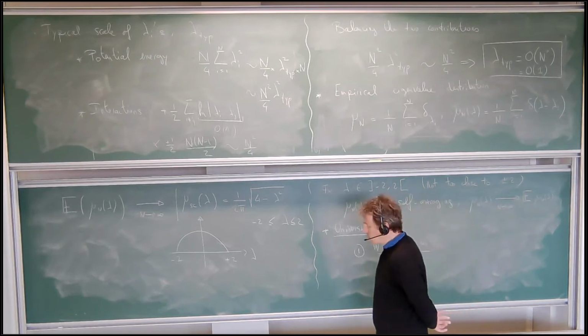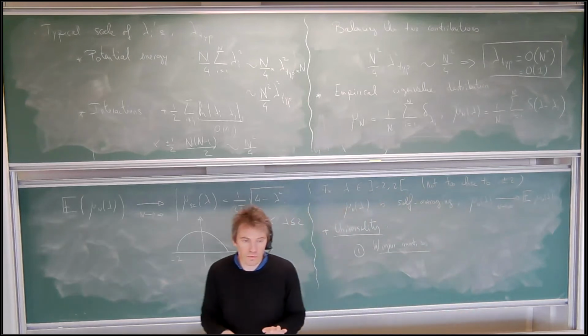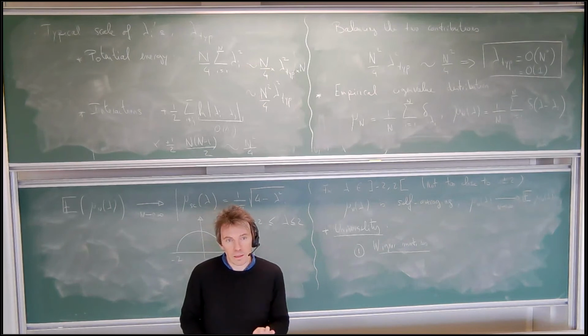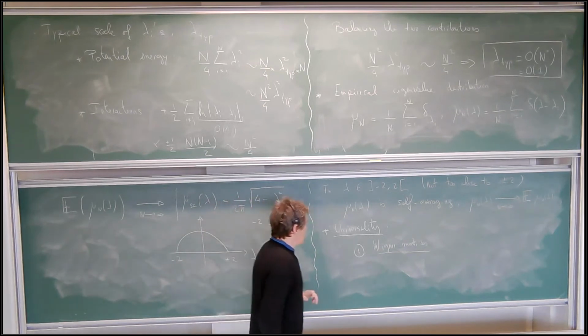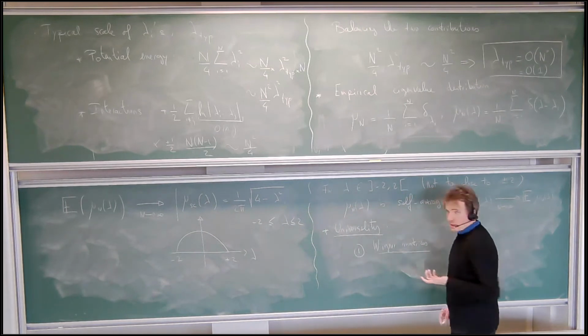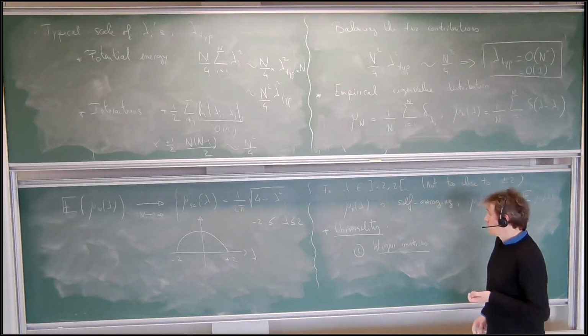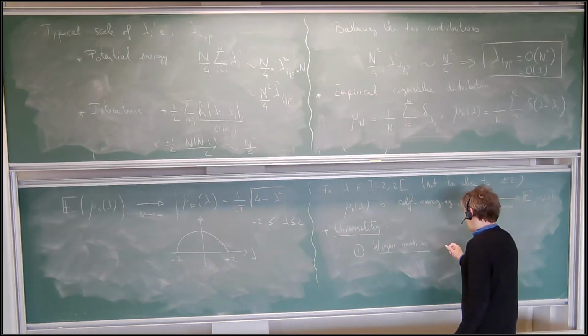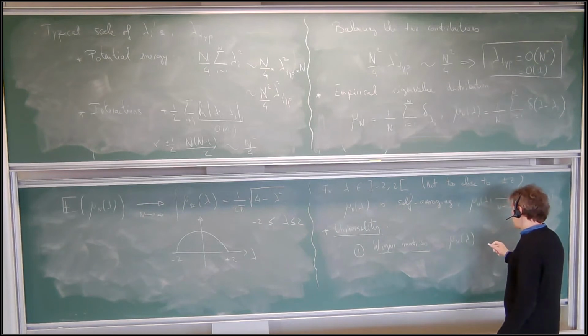Okay, so you remember Wigner matrices. This is the case where you have basically independent entries, but they are not necessarily Gaussians. Okay. Now it turns out that the Wigner semicircle, so this result here, so mu SC holds.